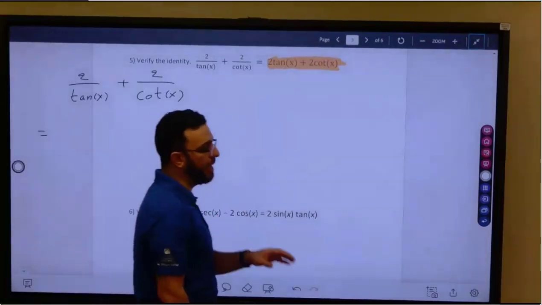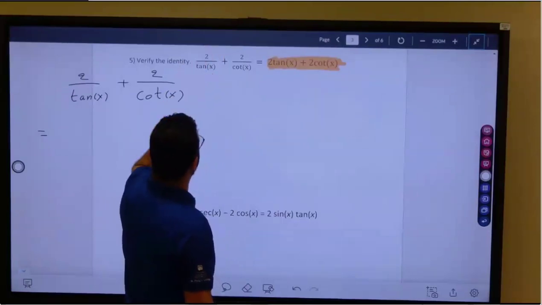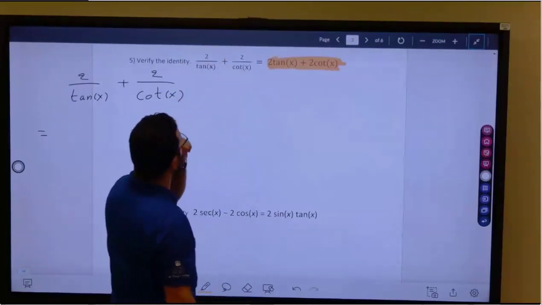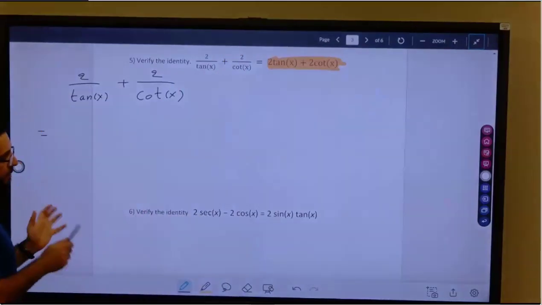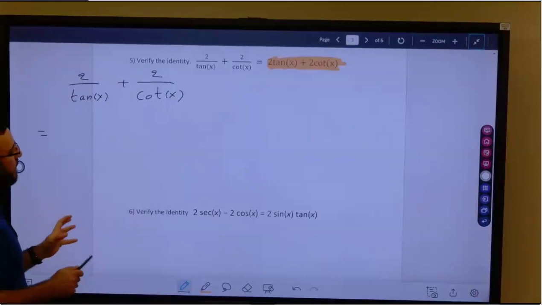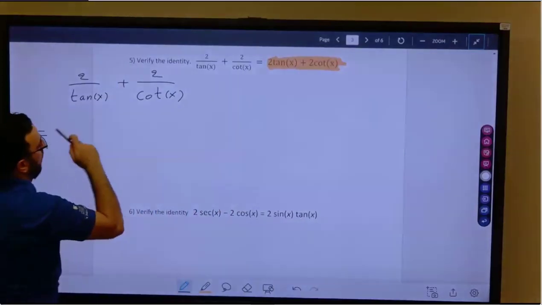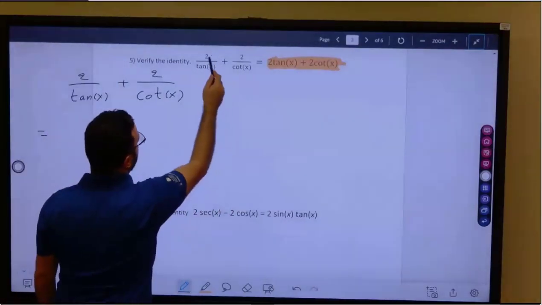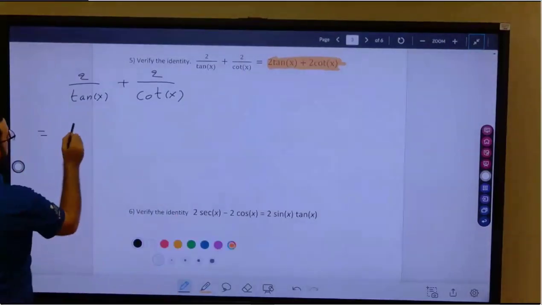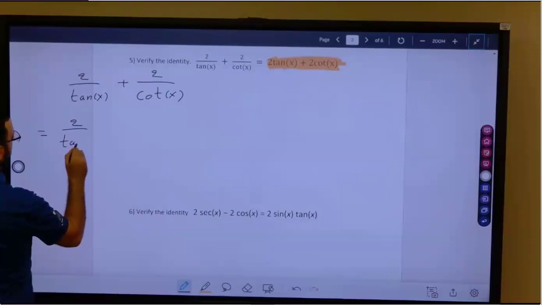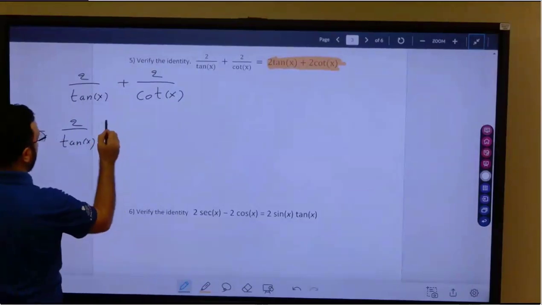Every time you have fractions here, because this term is still a fraction, and if I need to add two fractions, I have to find the common denominator because they have different denominators, tangent and cotangent. So I'm going to multiply here by cotangent and multiply here by tangent. That's me: 2 over tangent x, I'm going to multiply by cotangent x.